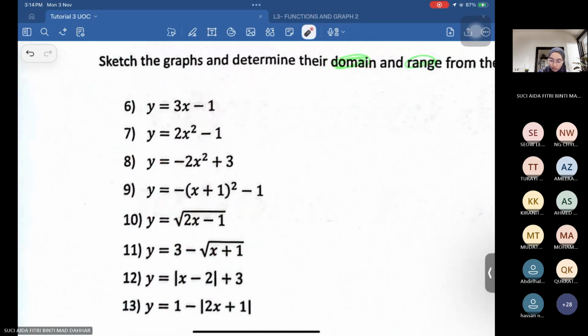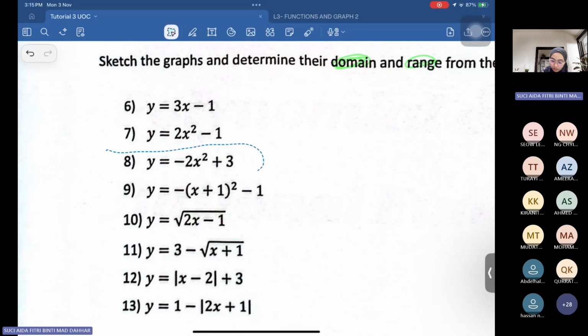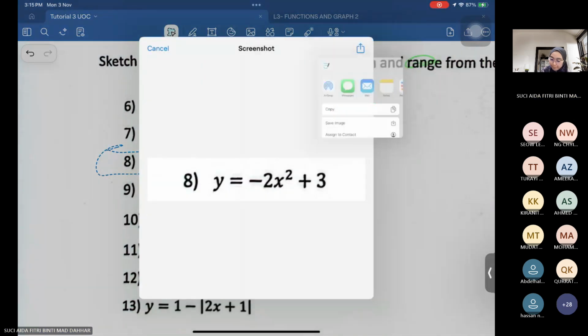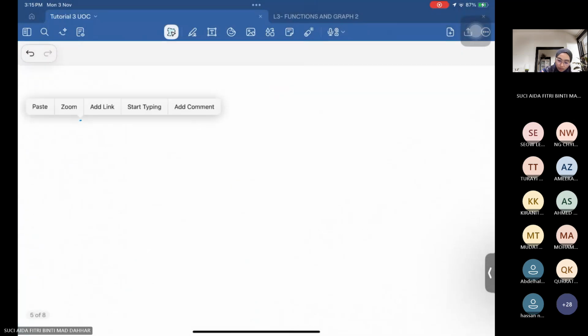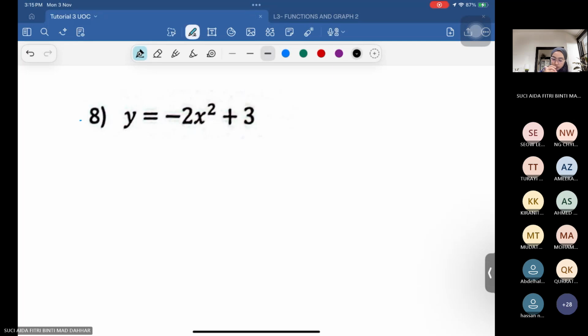Number 8. Another quadratic, but there's some negative there. How many transformations occur here? Negative, multiplying by 2, and then adding 3 at the back, outside.